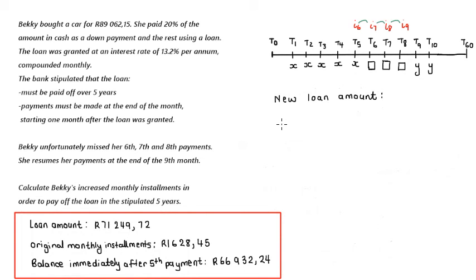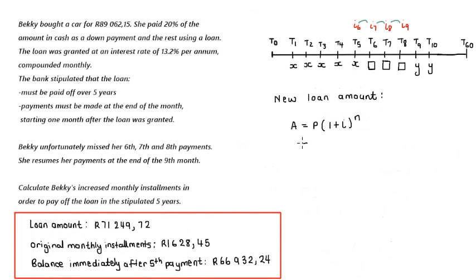So that's going to have to go into our compound interest formula, because this acts as a lump sum of money that's just sitting in the bank and generating interest. So we're going to have to substitute this into A equals P times 1 plus i to the n. So this A is the new loan amount.